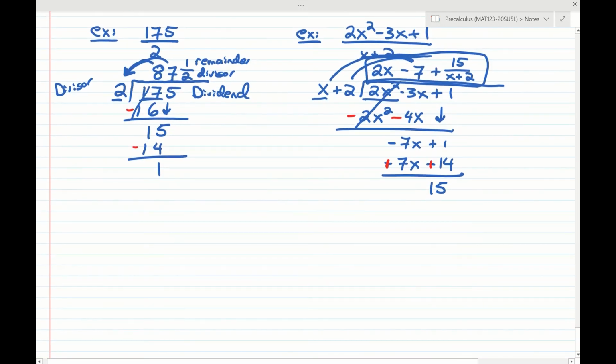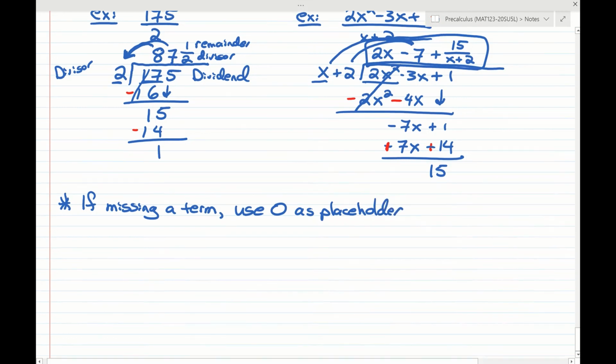All right, we'll do one more. One thing I just want to point out when you're dividing with polynomials is if you're missing a term, we use 0 as a placeholder. And you'll see why in this next example.